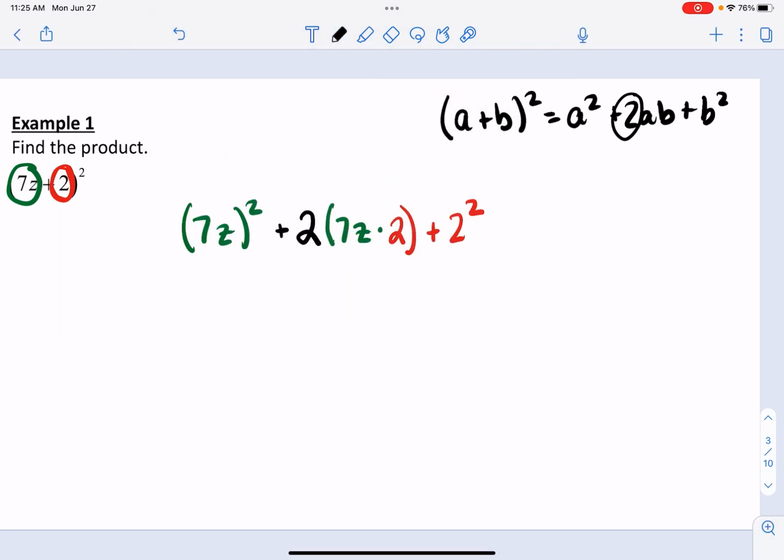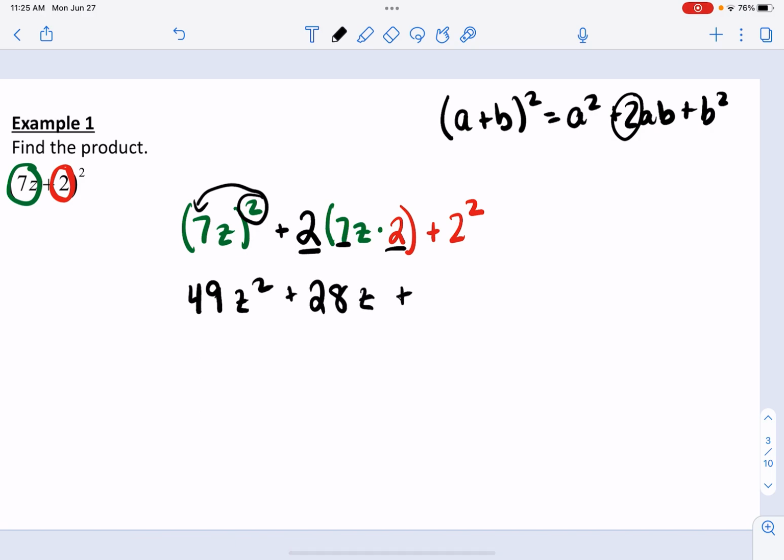So now we simplify. I have to distribute that square to the 7 to become 49z squared. And then here I have to multiply the 2 times the 7 times the 2 to get 28z. And 2 squared is 4.